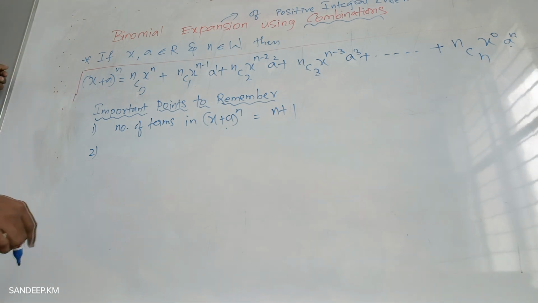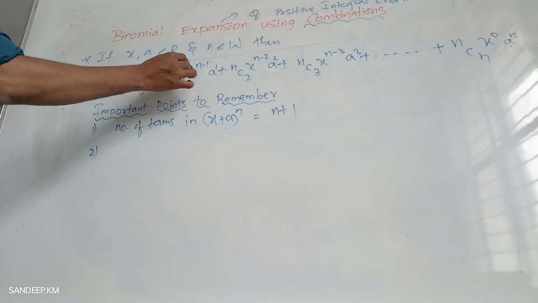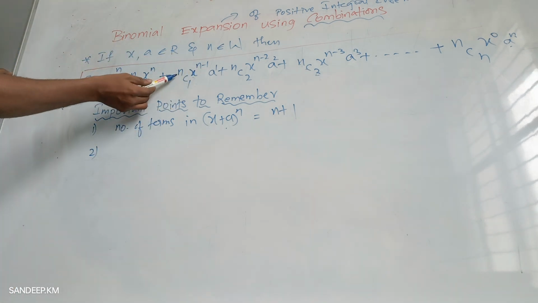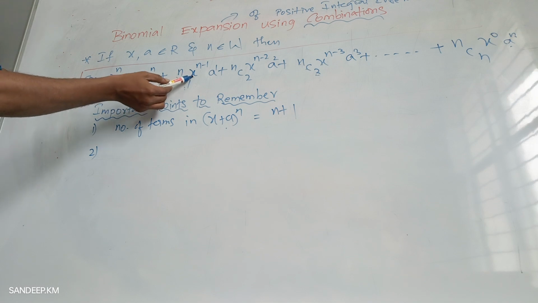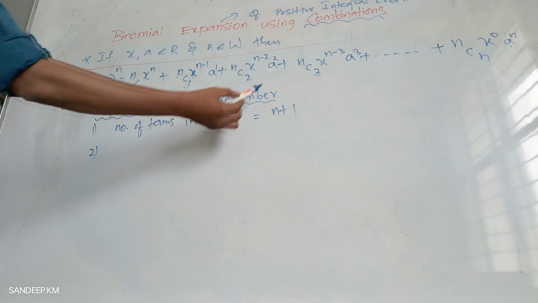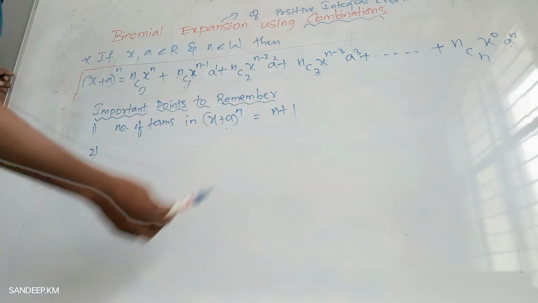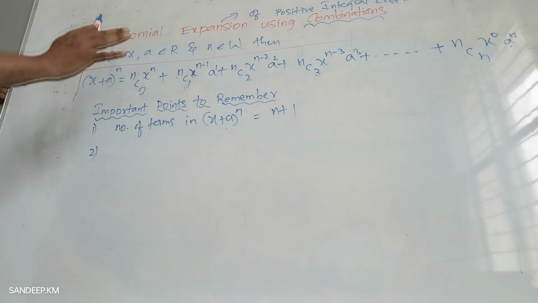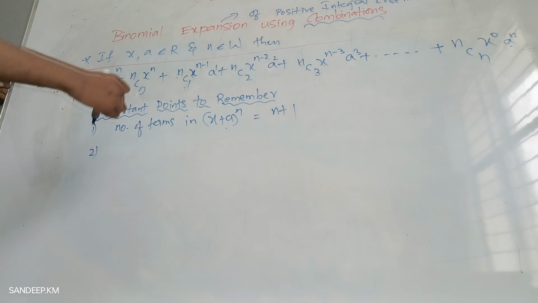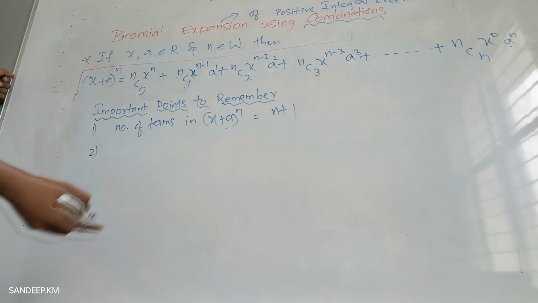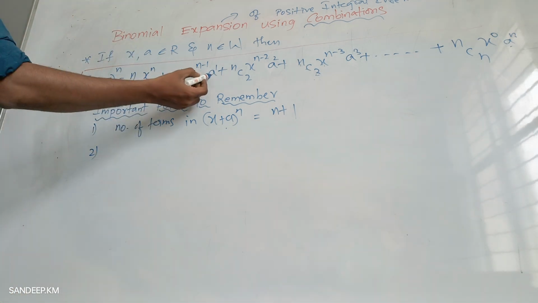You have to observe, in every term, what is the power of x? The power of x is the difference between these two. Correct or not? Here the power of x is n minus 1 and here the power of x is n minus 3. So that is the second point. Next, what is the third point? It is the power of a. So what is the power of a here?